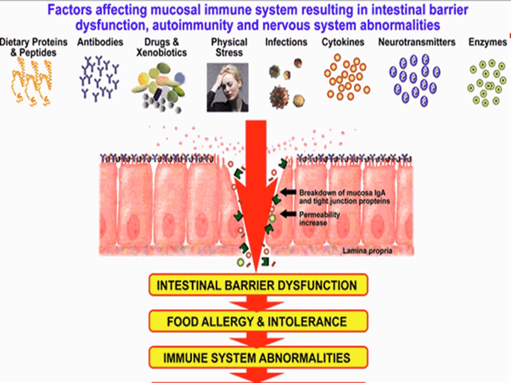The different things that can create these holes, or these breakdowns in the barrier, include dietary proteins, antibiotics, stressors, inflammatory what are called cytokines, alterations in neurotransmitters, different enzymes, a multitude of different issues. And we're going to focus on, okay, what is going on right here and now? How do we direct and attack the cause of the problem as well as repair the barrier system that we need to be intact?